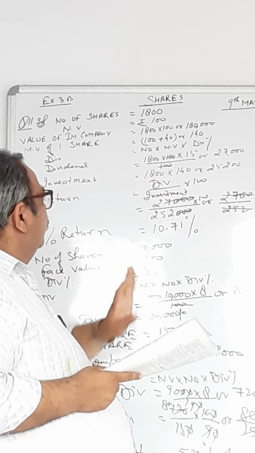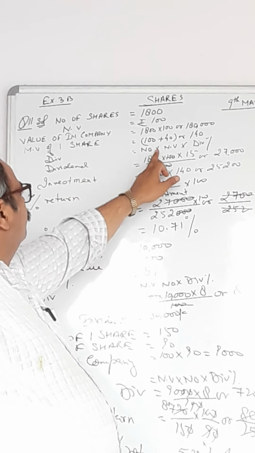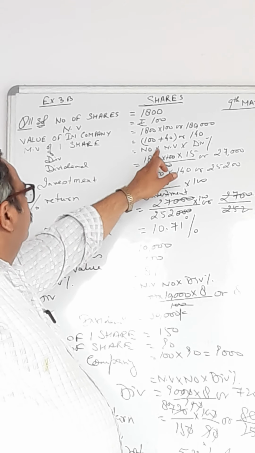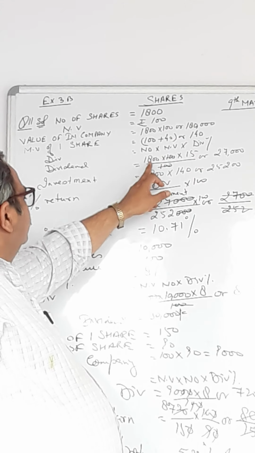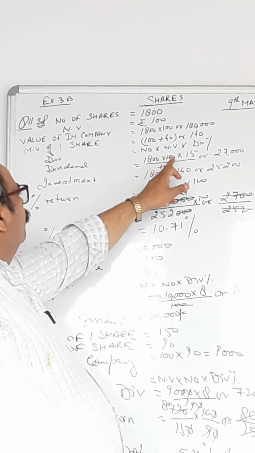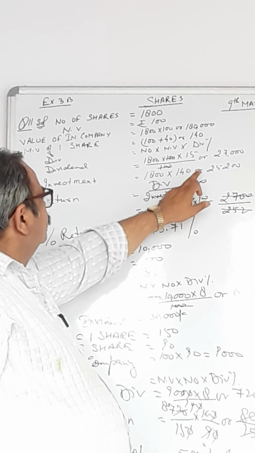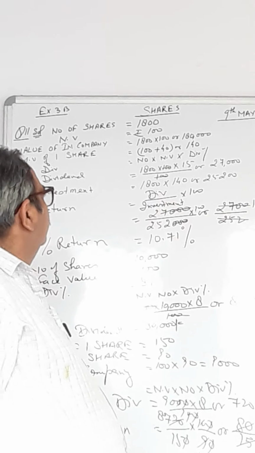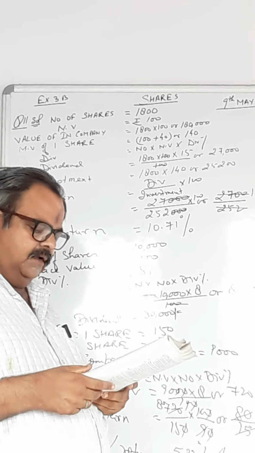Calculate her annual dividend. Annual dividend formula is number of shares into nominal value into dividend percent. Number of shares 1800, nominal value 100, dividend percent 15. So I got 27,000 as a dividend. Now what does it say further?